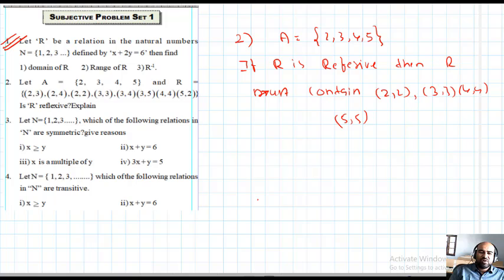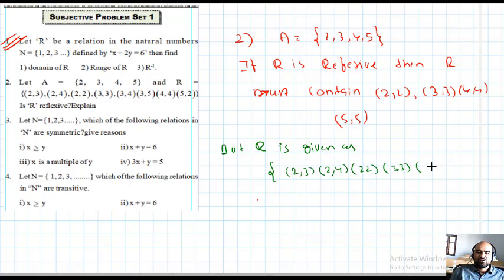But what is given I will write, R is given as 2 comma 3, 2 comma 4, 2 comma 2, 3 comma 3. Okay, next 3 comma 4, 3 comma 5, 4 comma 4, 5 comma 2.